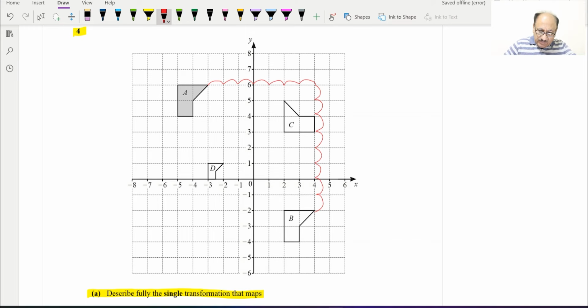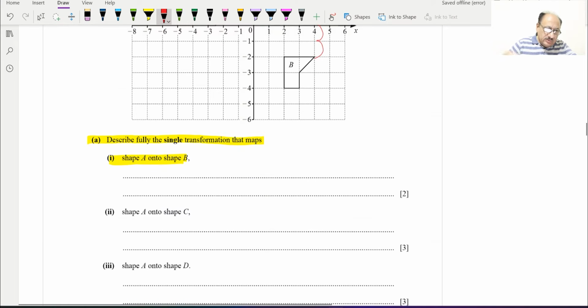So we can say this is translation by 7 units right, so plus 7, and 8 units down, so minus 8, and this is for 2 marks.